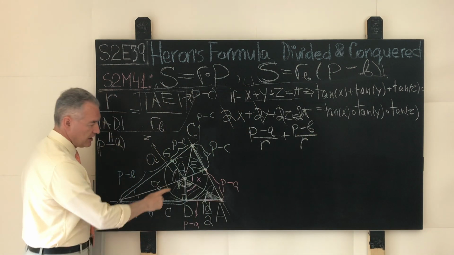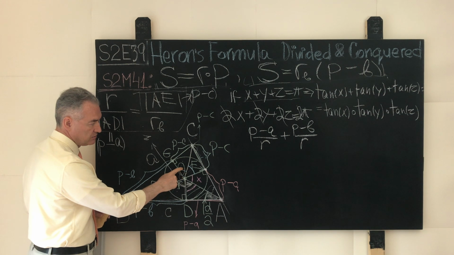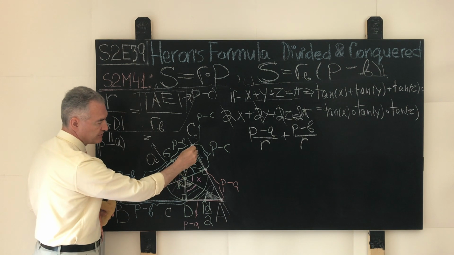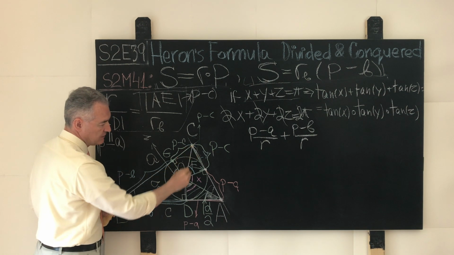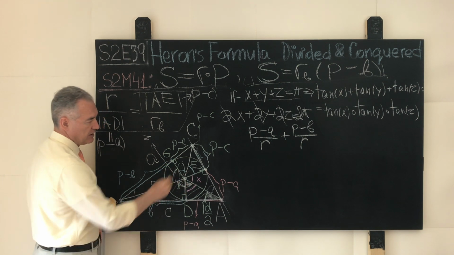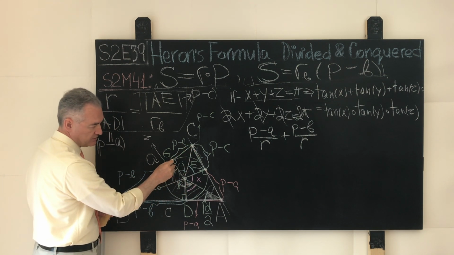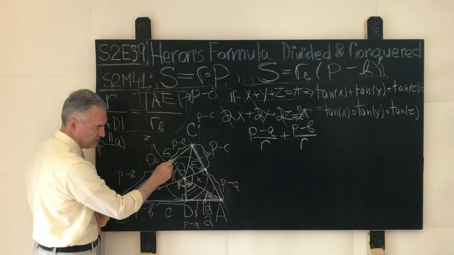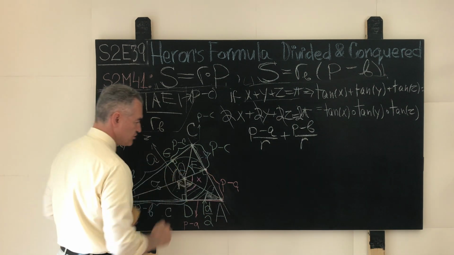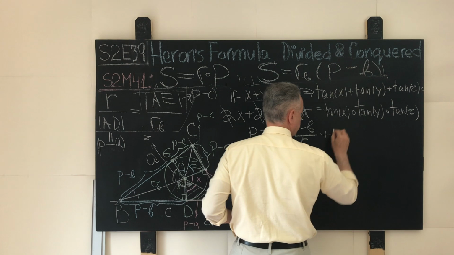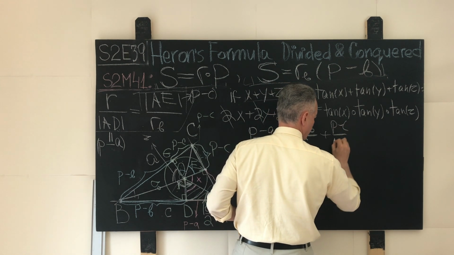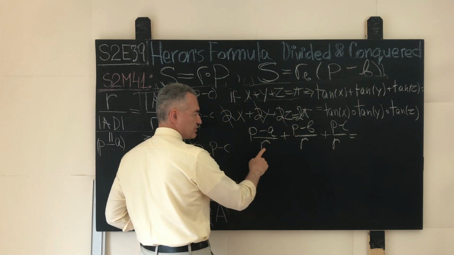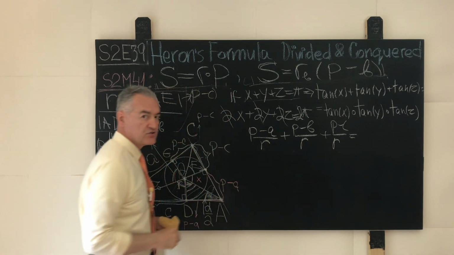And what do we have for the tangent of the angle, this guy, Y, for example, the tangent of the angle COG? It's the length of the opposite side, P minus C, divided by the length of the adjacent side, plus P minus C over R. This is our tangents, trigonometric functions of tangents.